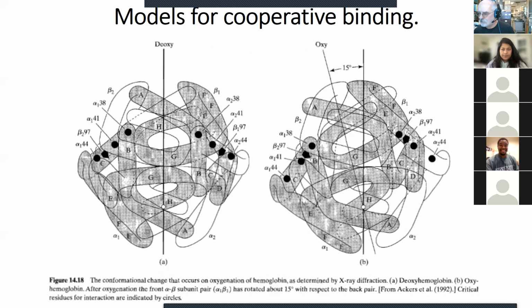This rotation here is dimer rotation. There's an alpha beta structure, and they rotate relative to one another. And that's what leads to the T to R conformational change, what we will call the deoxy to oxy form.